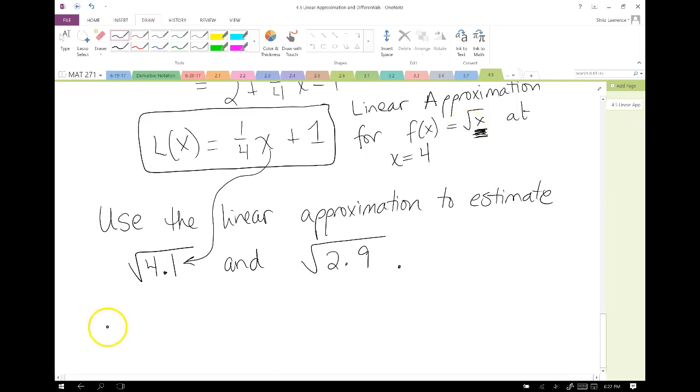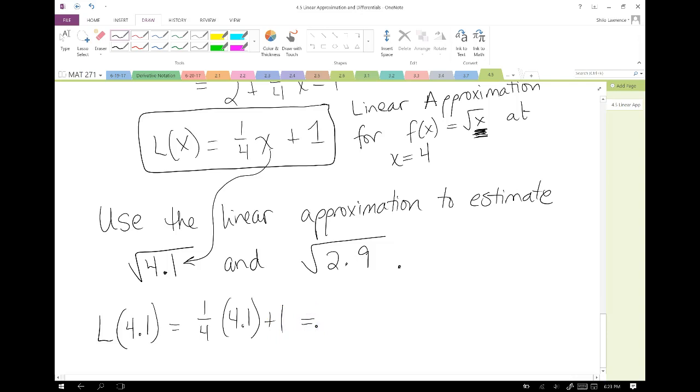So they're asking us to find the linear approximation at 4.1. So we're going to do 1/4 times 4.1 plus 1. And a lot of times this could be something that you could do without a calculator. But that doesn't mean you're not allowed to use a calculator.